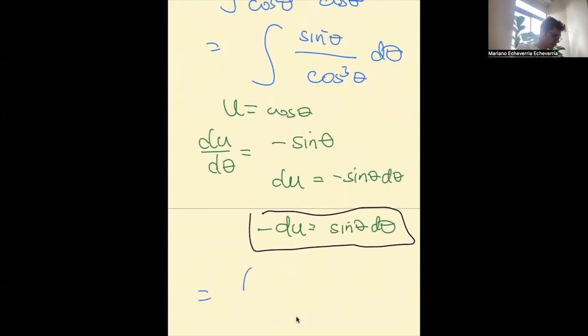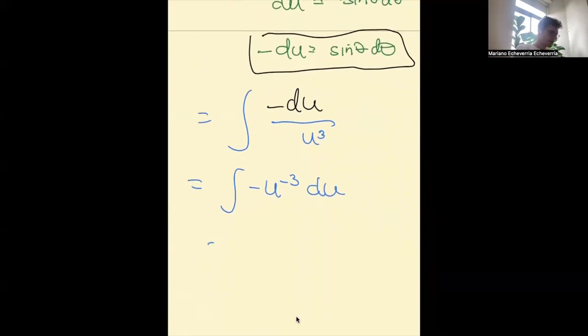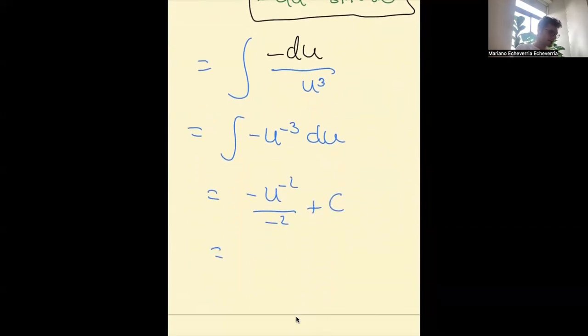And so this integral becomes sine of theta d theta is minus du, and cosine cubed becomes u cubed. So you're really integrating minus u to the negative 3 du. And that's minus u to the negative 2 over negative 2 plus c. The negatives cancel, and so you can write it as 1 over 2 u squared plus c.